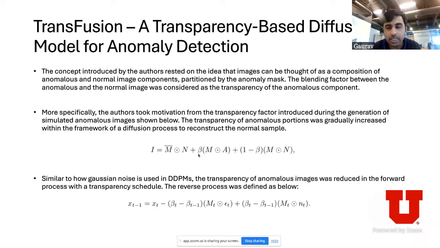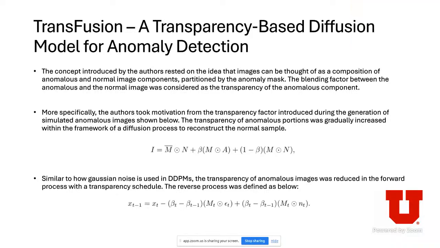Yes, so beta is, I think, decreased in this case, so that the anomalous part basically goes away. That was possibly the motivation in this case.